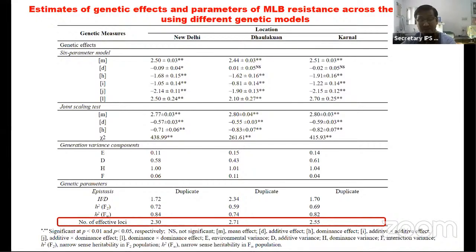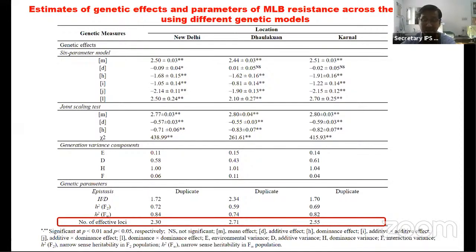And in this slide, you can see that we performed the goodness of fit test for the segregation ratio of the F2 generation, and then we found the chi-square values for the 15:1 ratio.